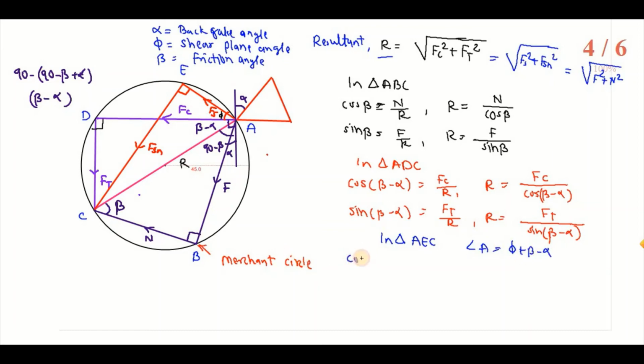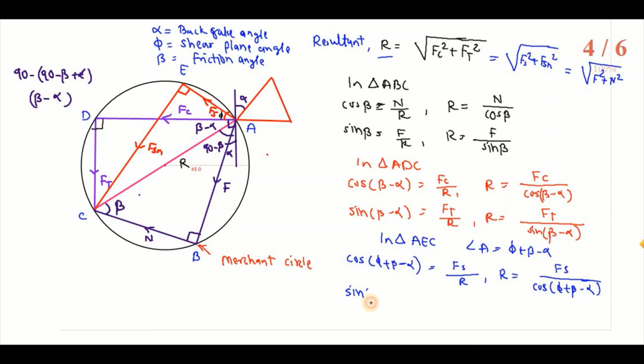So we can write cos(phi plus beta minus alpha) is equal to Fs upon r. We can write r is equal to Fs upon cos(phi plus beta minus alpha).